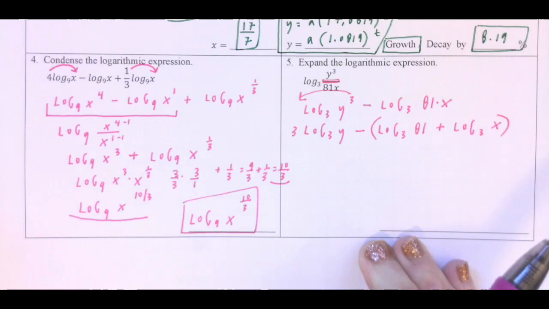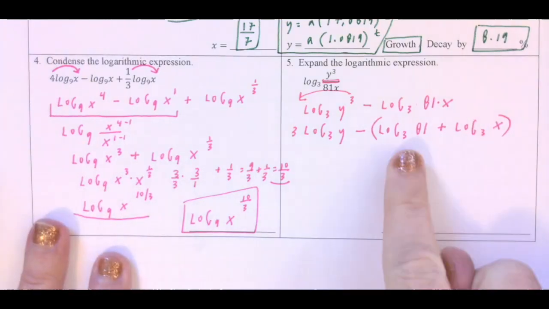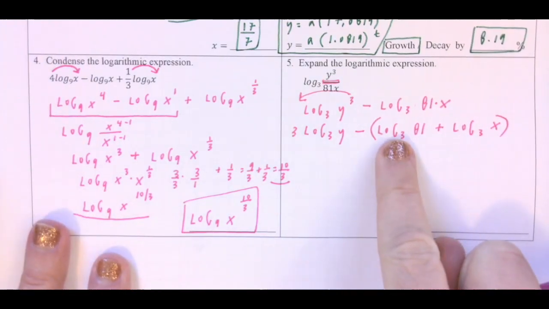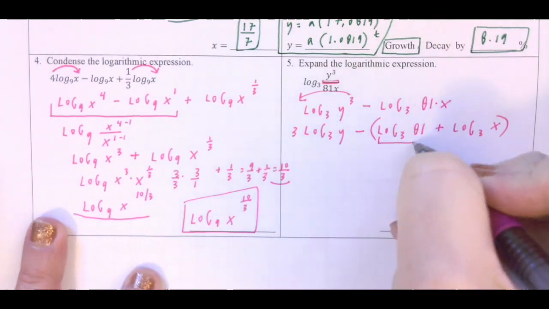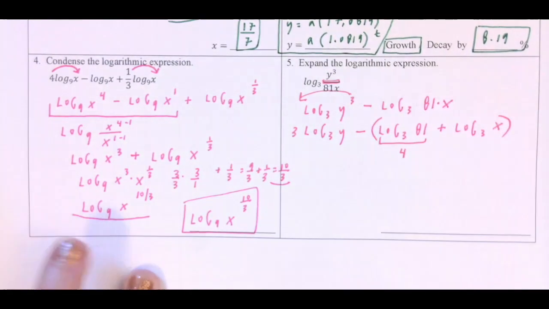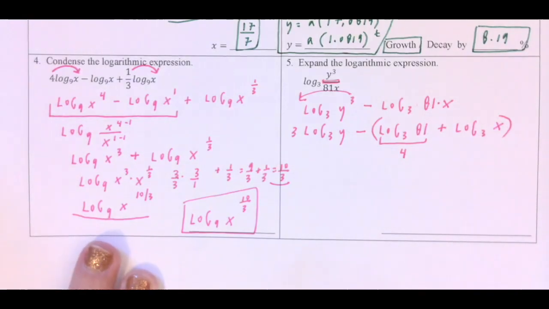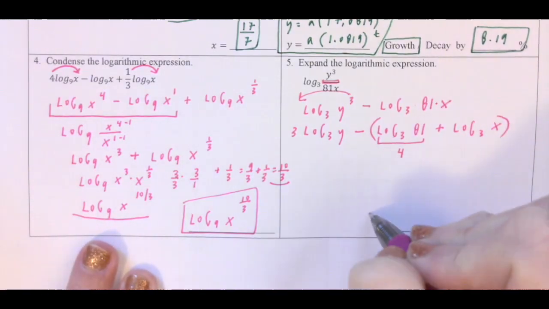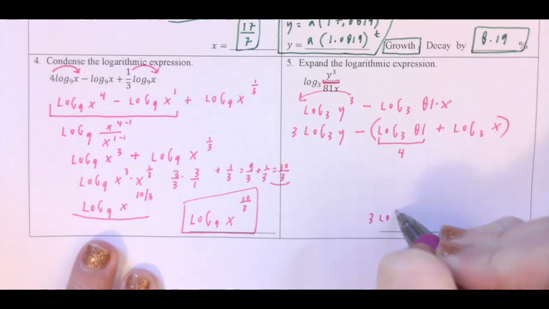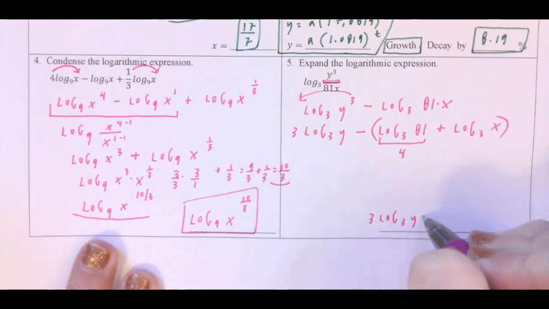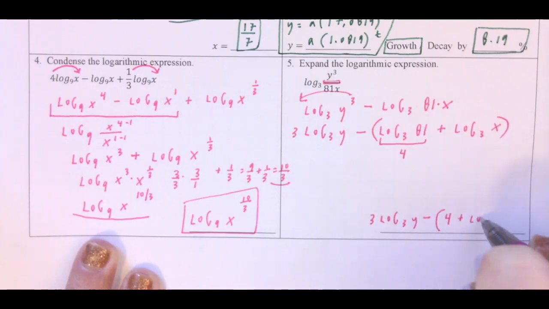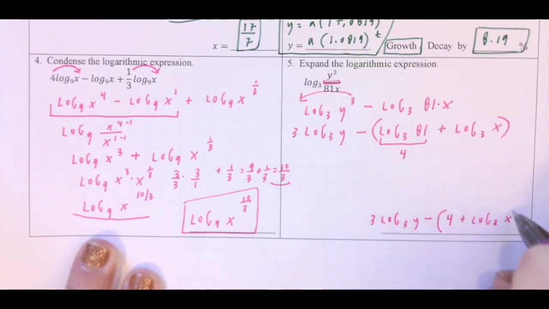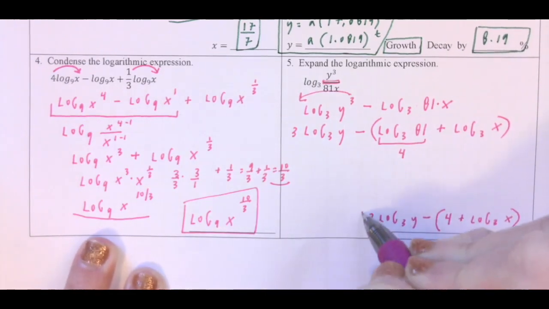I can also see one more thing that I can resolve right here. I know that 3 to the 4th power gets me 81. So I can swap that out with just a 4. So I could write my answer just like this. I could say 3 times log base 3 of y minus parentheses 4 plus log base 3 of x. I would take that. That is fine.